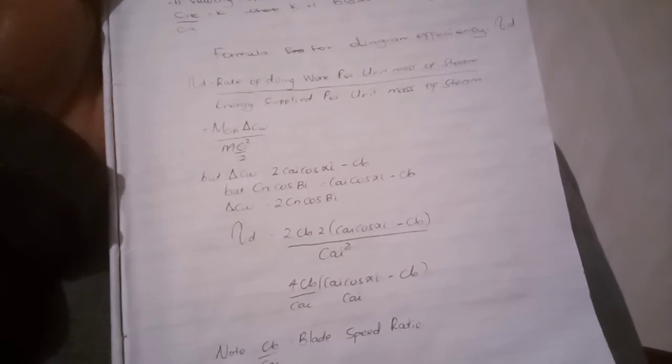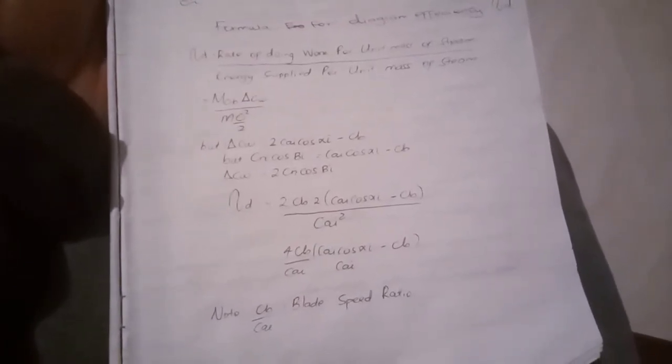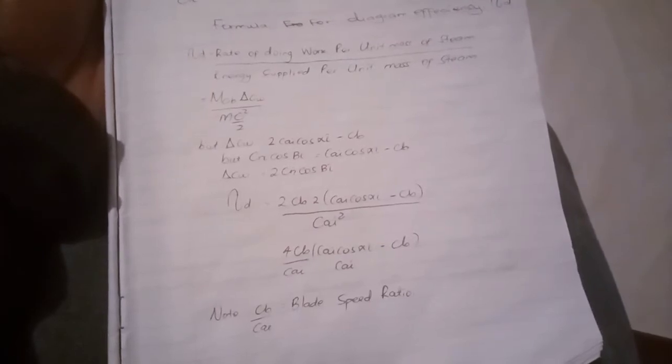Then we quickly insert the value of CRI cos BI, which is CAI cos alpha I minus CB. So diagram efficiency is equal to 2 CB, blade velocity, into bracket CAI cos alpha I minus CB, over CAI squared.